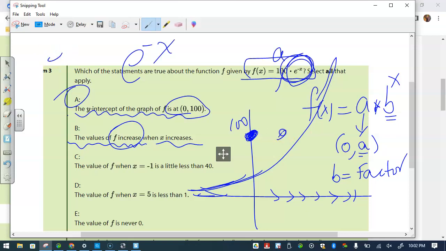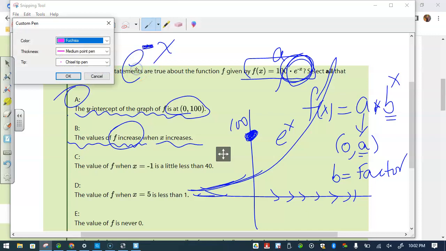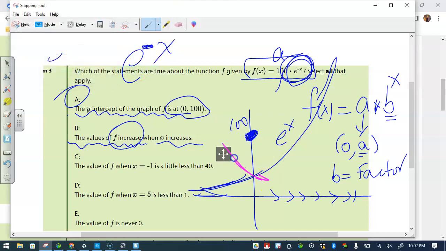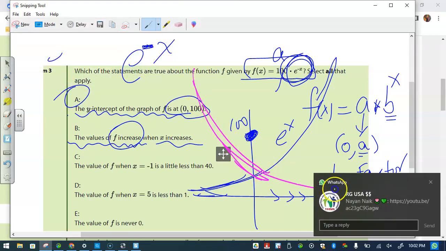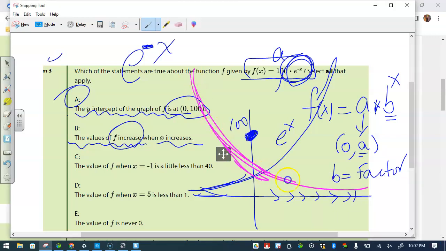But because of this minus, the graph goes this way. See? It flips over the y-axis. So it decreases, you can clearly see. Let me make a nice one, like this. So this is e raised to minus x.